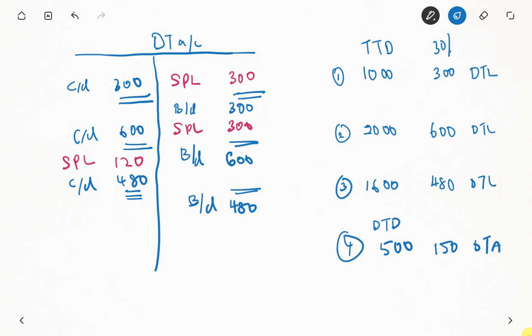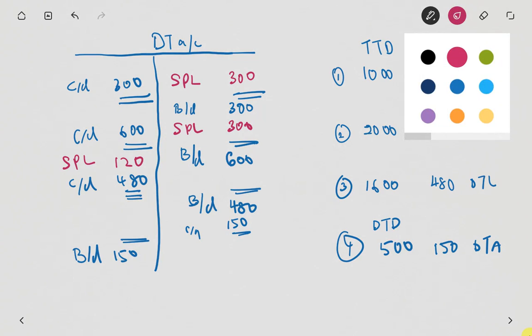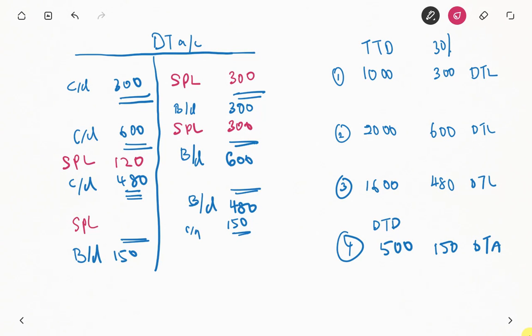In future, deductible 500 means I'm going to save 150, an asset. The asset is on this side, 150. From a liability of 480, it drops to become an asset. So income or expense? It is an income of 630.